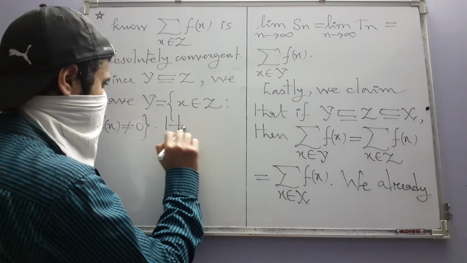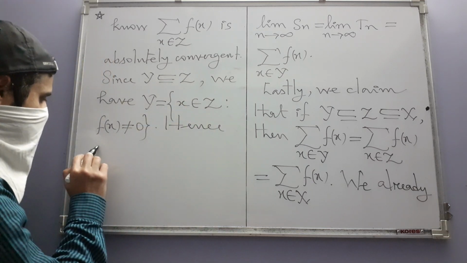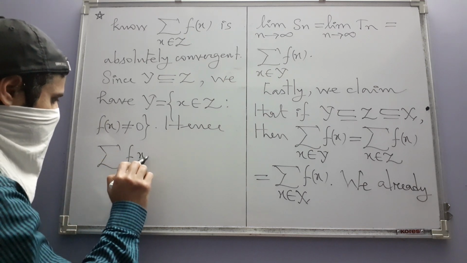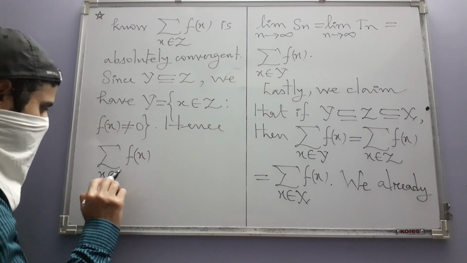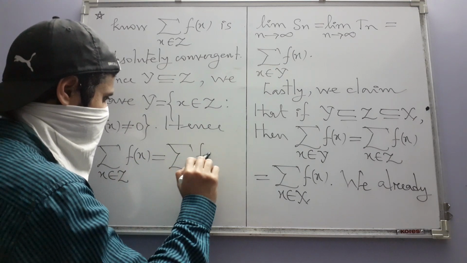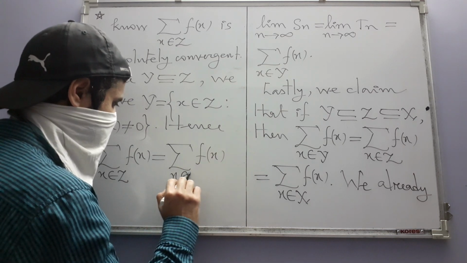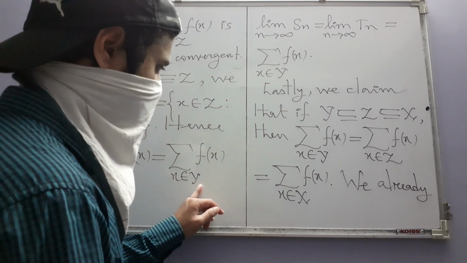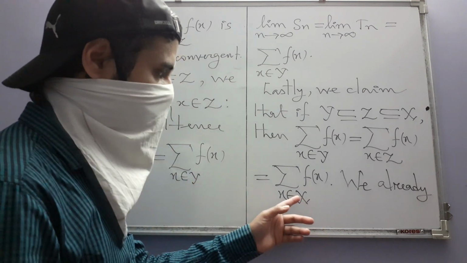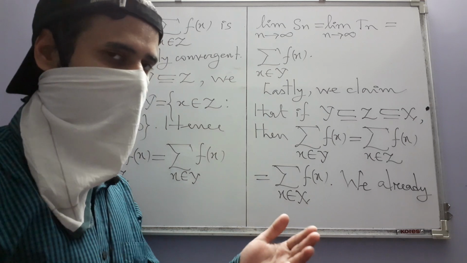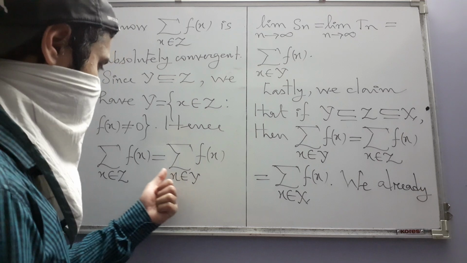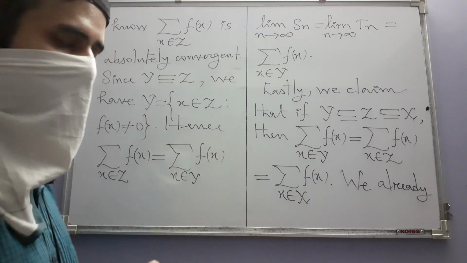Hence this, that is the status of y as a subset of x being the set of those elements where f does not vanish, is also the status of y as a subset of z.